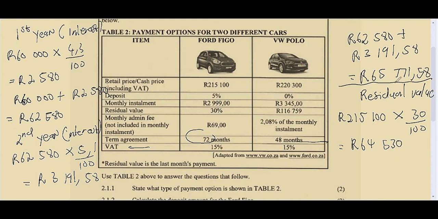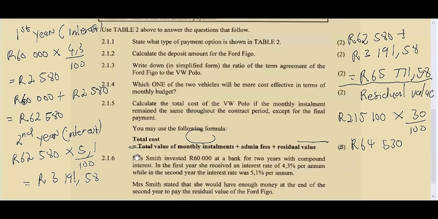Now, her claim was that she would have enough money to pay the residual value, right? So let's go back to her claim on the statement. They say Mrs. Smith stated that she would have enough money at the end of the second year to pay the residual value of the Ford Figo.